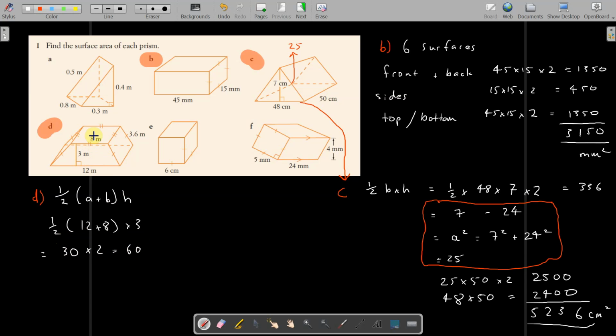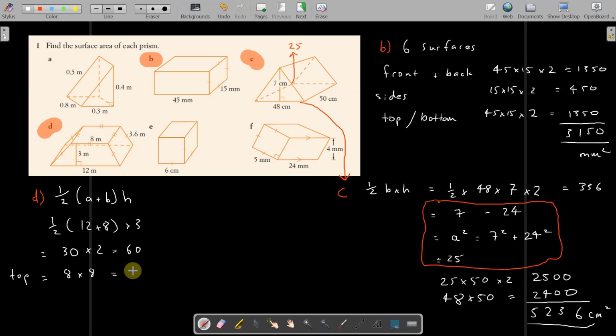So now we've got two surfaces. We need another 4. Let's go with the top. The top is 8 by 8 by the looks. Yep, 8 times 8. That's the area of the top.